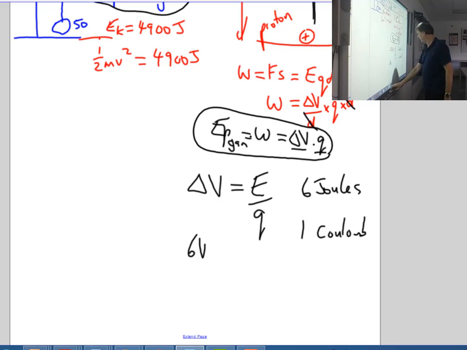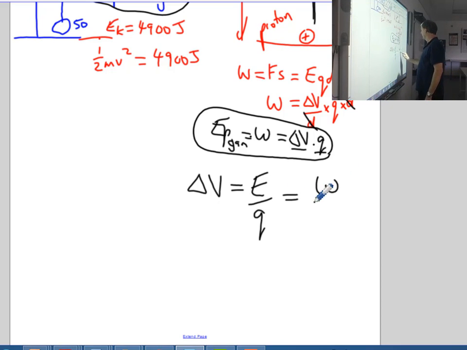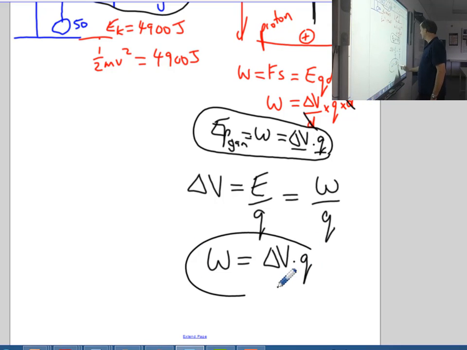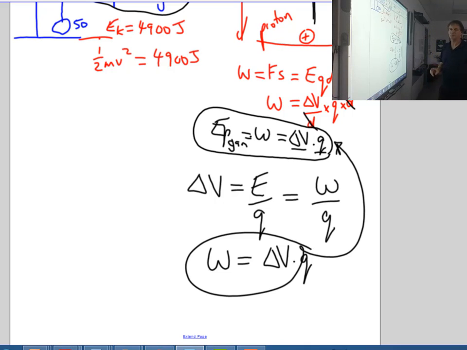And don't forget that energy is the same as the work done in this case. So that's equal to the work done on the charge, which means that the work done is equal to the potential difference times the charge, which is what we're saying here in year 12. So as long as you have that potential difference and the charge, you can work out the work done by the field, which will be the same as the potential energy being lost, converted to kinetic energy gained.